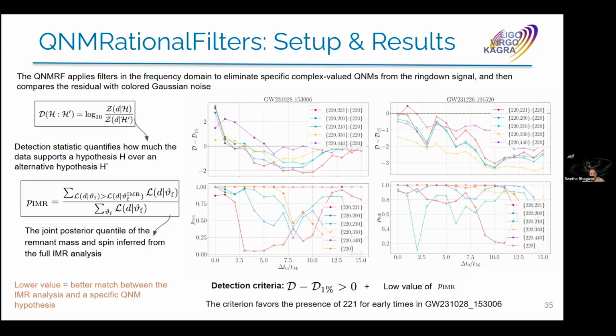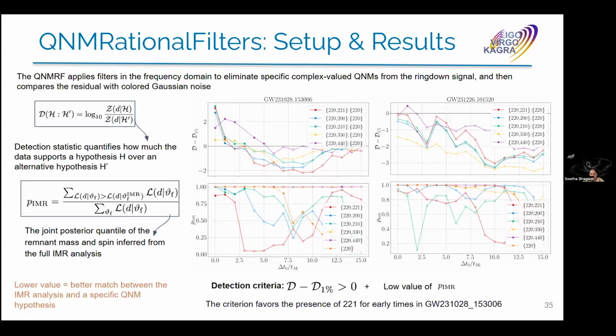So this was applied on the two highest NR signals in the ringdown, GW231028 and GW231226. For GW231226, there was no compelling evidence of a subdominant mode. But for GW231028, the picture becomes a little bit more interesting.